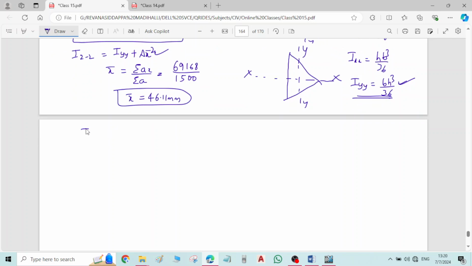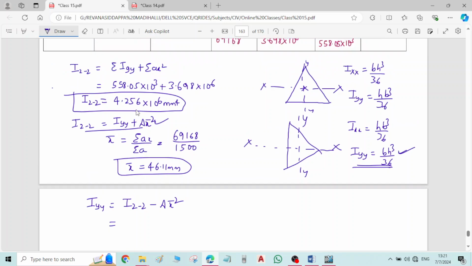Therefore moment of inertia about axis 2 is equal to, I'll rewrite this formula first, then afterwards we'll substitute the values. IYY is equal to I22 minus A into x bar square.